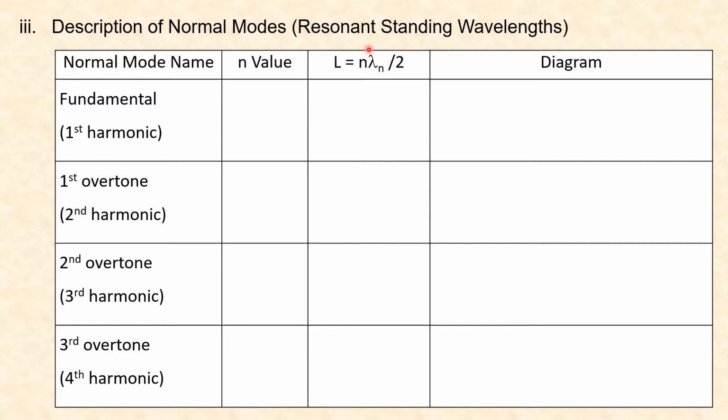So in one naming system, we call the lowest frequency standing wavelength the fundamental mode, or fundamental frequency, and then each higher frequency after that we call the first overtone, second overtone, third overtone. In the other naming system, the lowest frequency standing wave that can get created on the string is what we call the first harmonic, the next lowest, the second harmonic, third harmonic, and so on. So two different naming systems.